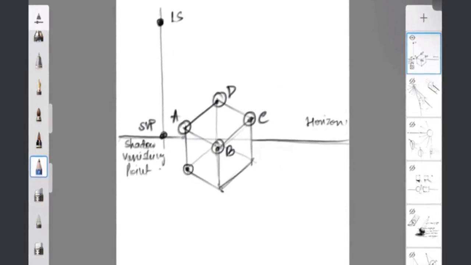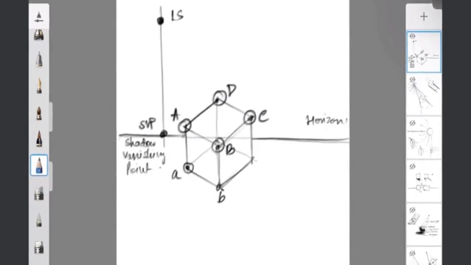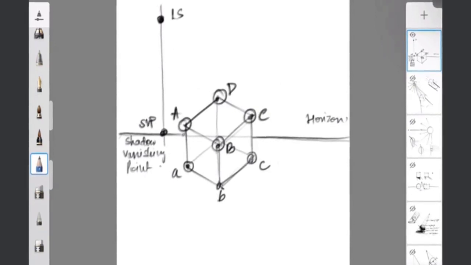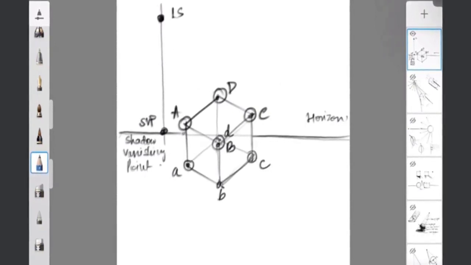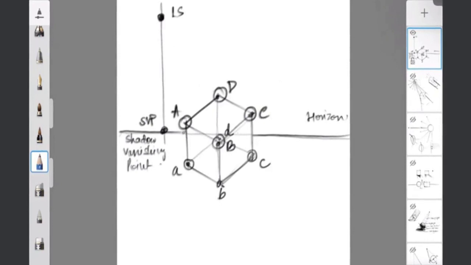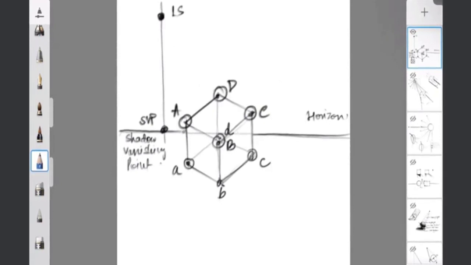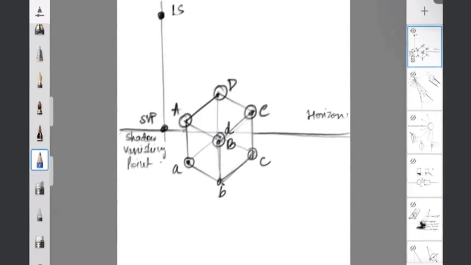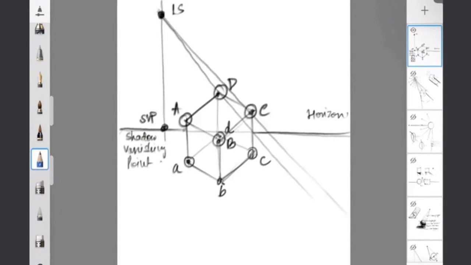So let's name them small a, small b, small c, and small d. Now we'll try to join the topmost points which are corresponding to the shadow sides with the light source and project those lines. So we'll just join light source to D and then project it, light source to C and then project it, B and then project it, A and then project it.